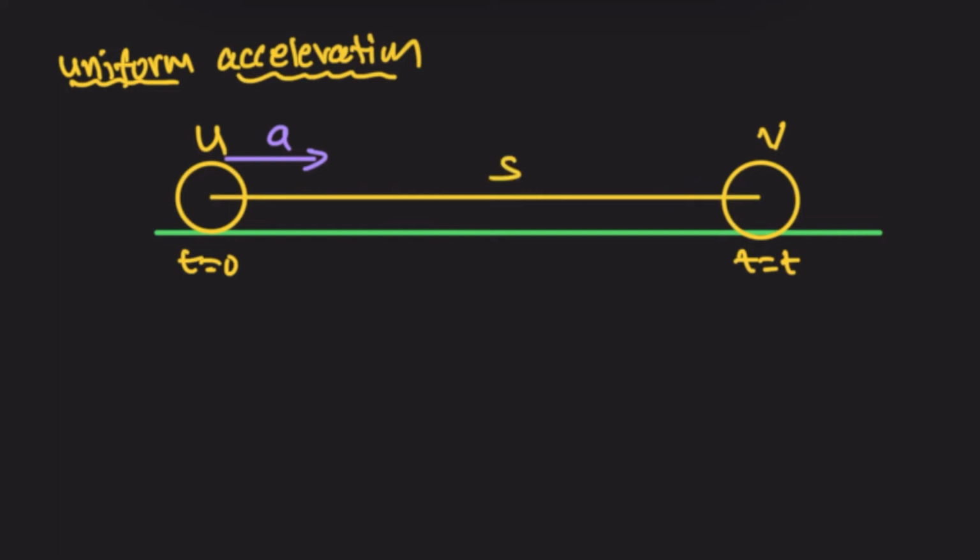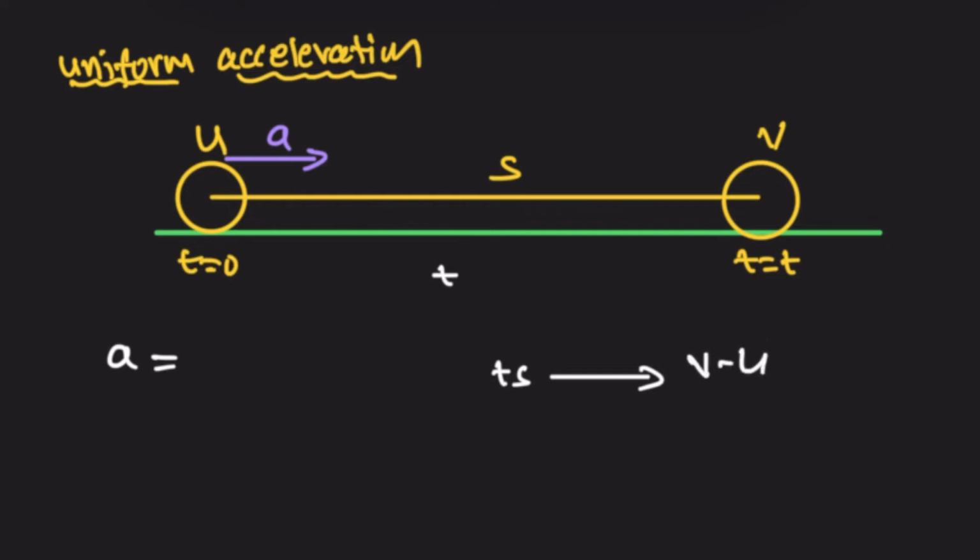What is the definition of acceleration? Change in velocity per second. So what is the time here? t. For t seconds, what is the change in velocity? Change in velocity means final velocity minus initial velocity. Final velocity is v, initial velocity is u.